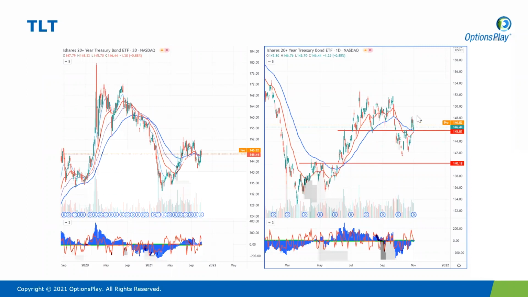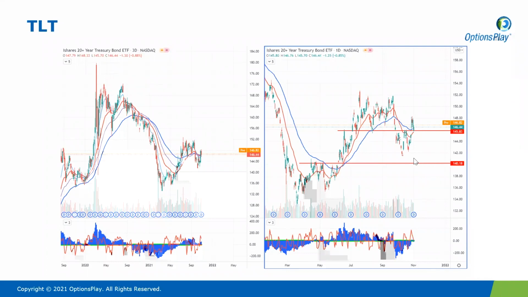So, if you're looking at price action alone, there's a case to be made for a move higher back to 152. But we know bonds are still relatively weak at the moment, so I do expect the Fed meeting may provide a catalyst for a break below this 145 level again, and maybe all the way down to 140.